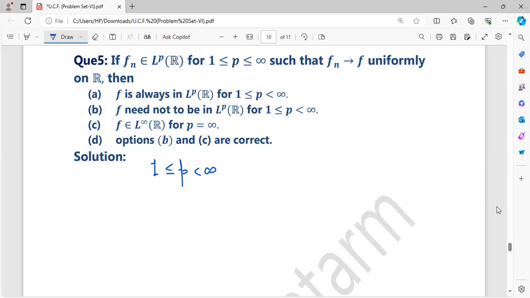Now I'm taking this function, f(x) equal to x upon 1 plus x square. That belongs to C0(R).